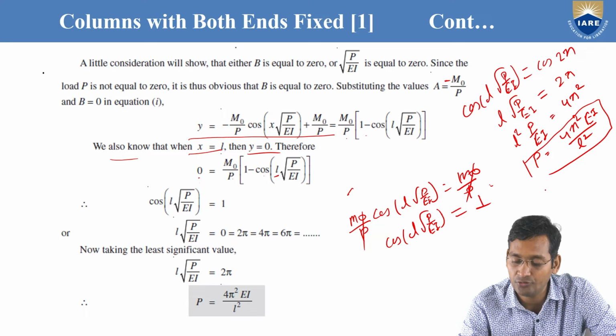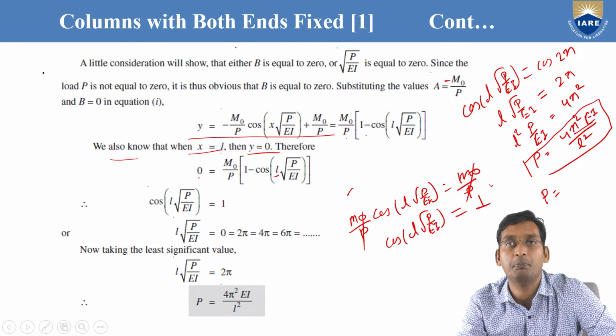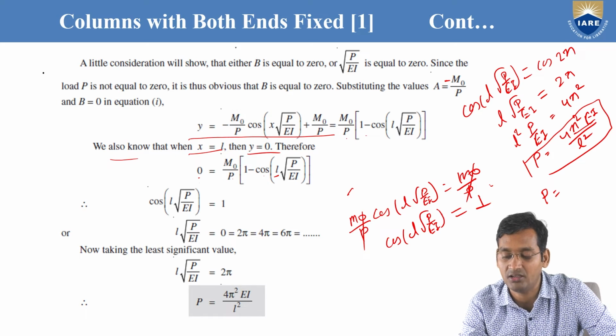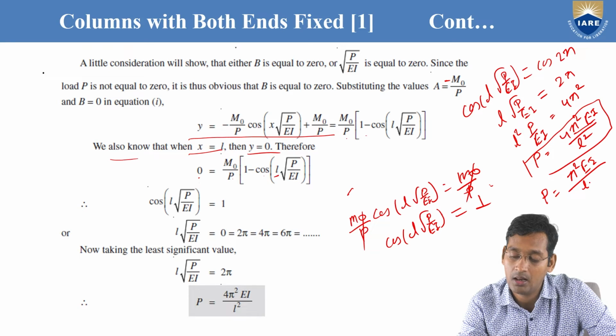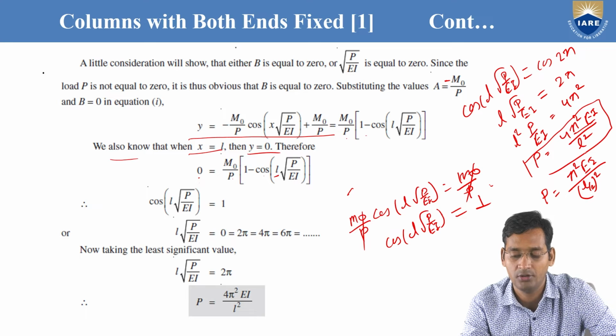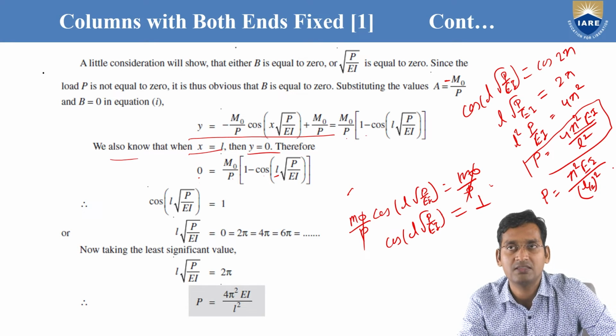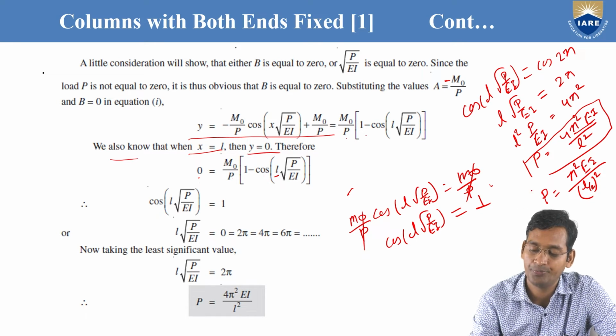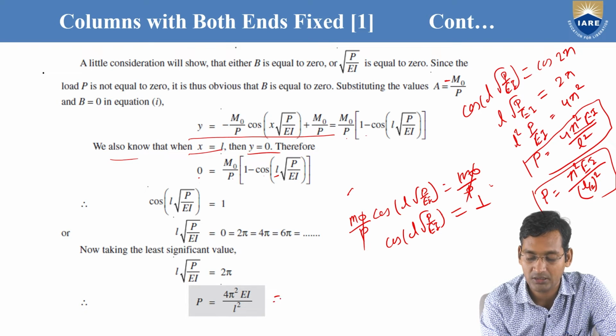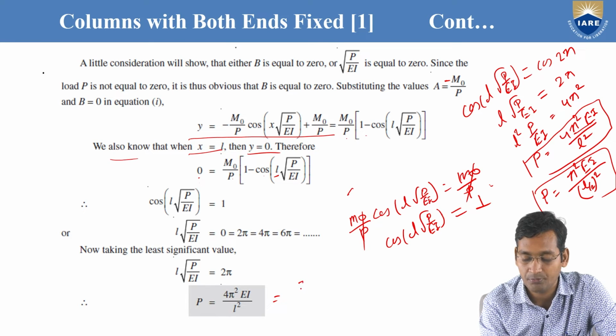In terms of that, we can also write it like this: p equals this, because in the numerator we got pi square EI. So I am writing in that form: pi square EI by L by 2 whole square, since L square by 4 I am writing as L by 2 whole square.